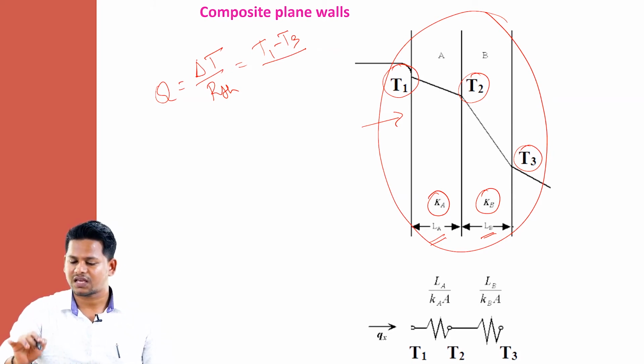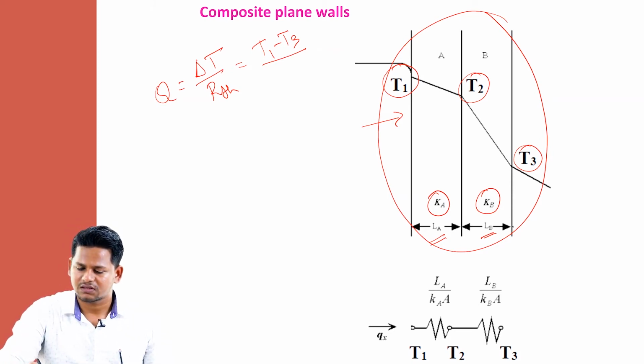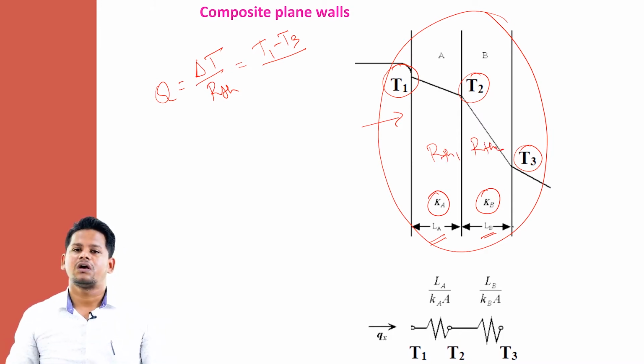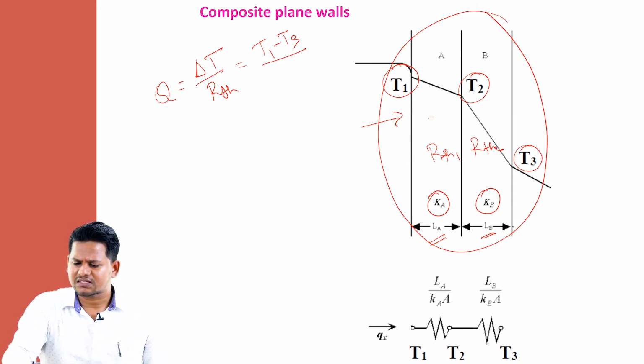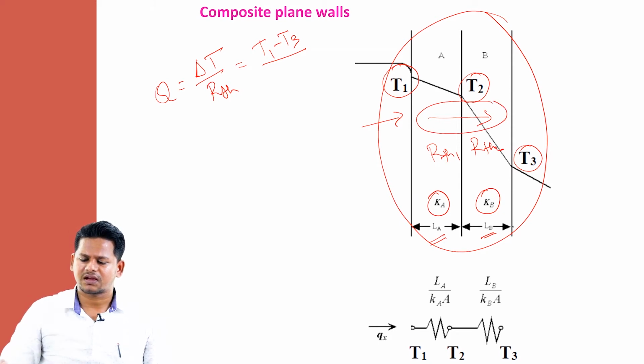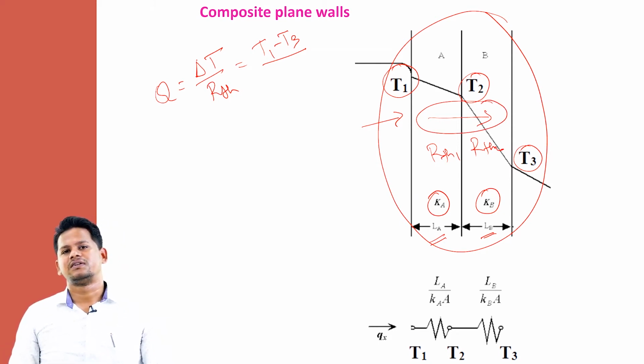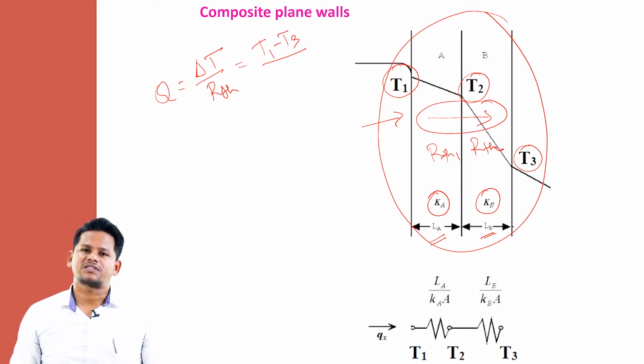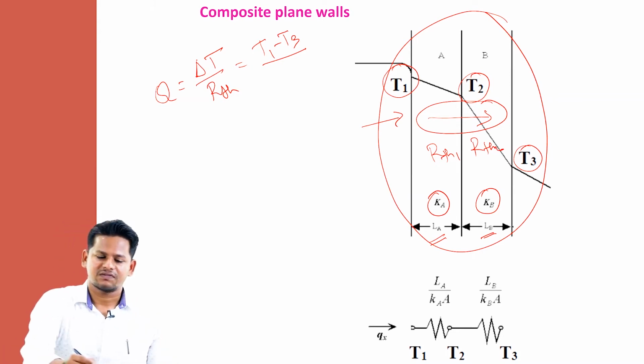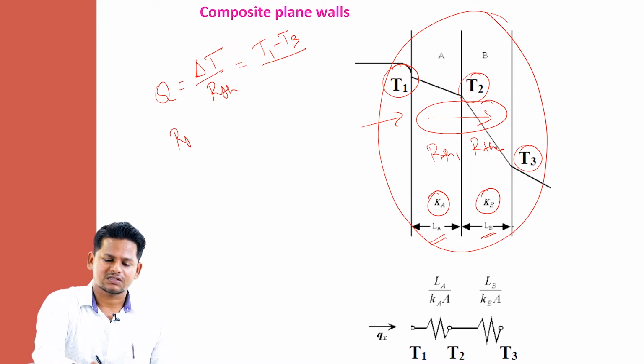Now listen carefully. We have two thermal resistances, RTH1 and RTH2, or R1 and R2. These two resistances are in series. We can remember the concept we studied in electrical subjects or physics. If two resistors are connected in series, how is the equivalent resistance calculated?